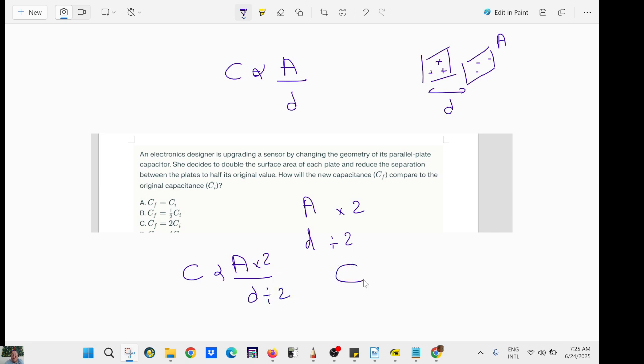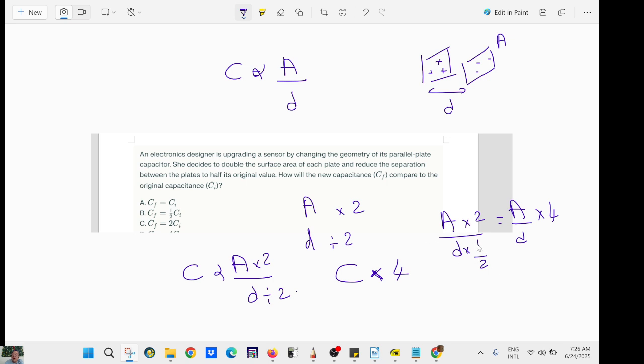So it means that the new capacitance will be multiplied by 4. Because when you divide by 2, it's like you do this times 2, and then D times 1/2. So that's going to be times 4.